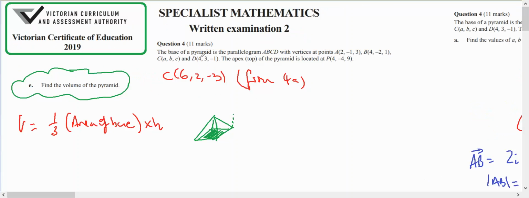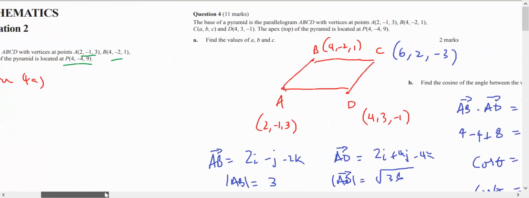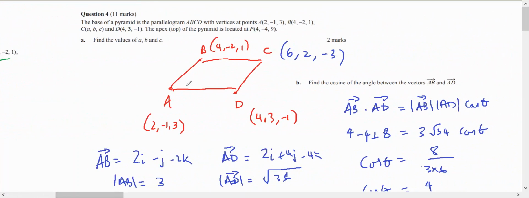We have a base of a pyramid that is a parallelogram, and these vertices are given as such. The apex is located at that position. Okay, so if I go through this question, find the values of A, B, and C. Well, I've gone A, B, C, and D. If I go from 2 to 4, I increase my i by 2, therefore from 4 to 6, so that's going to be 6i.